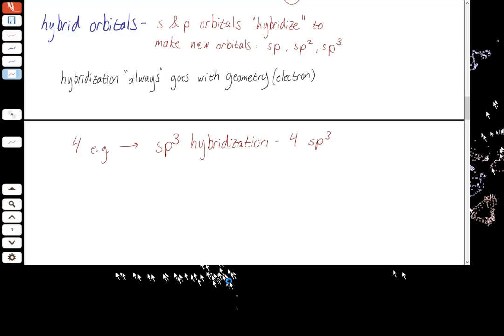Your s and your 3 p's are all going to hybridize to make 4 sp3 orbitals, and those orbitals are then used to overlap with whatever things are bonded, or to contain lone pairs.